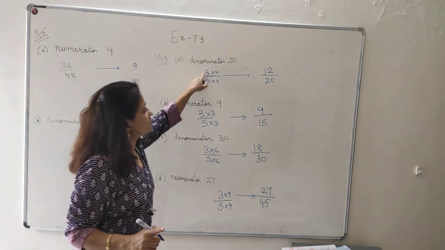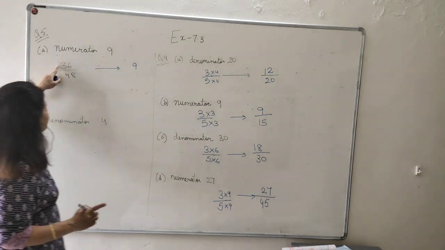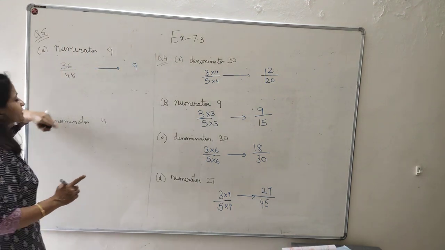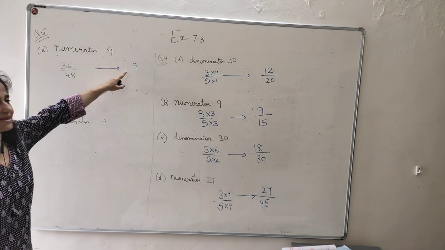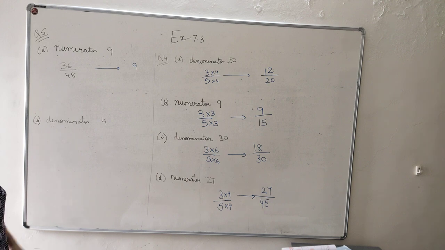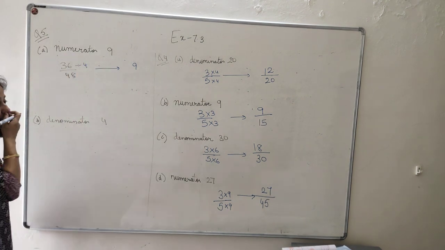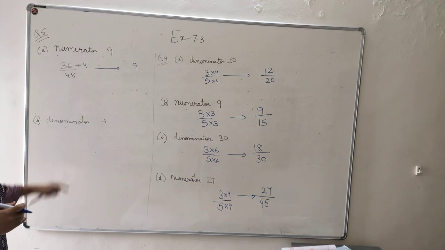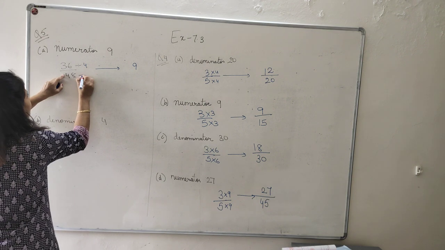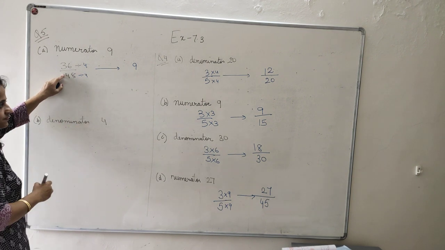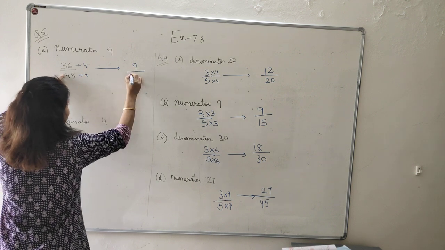When I go from small to big, I multiply. But when I go from big to small, I divide. Now, with which number shall I divide 36 so that I get 9? 9 4s is 36. So, definitely I will divide the numerator with 4. If I divide the numerator with 4, I have to divide the denominator also with 4. So, when I divide 48 by 4, I will get the answer 12.